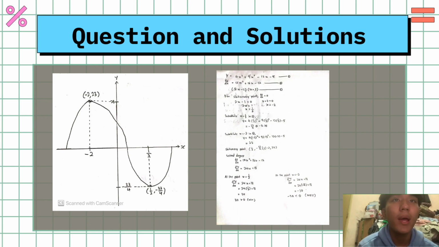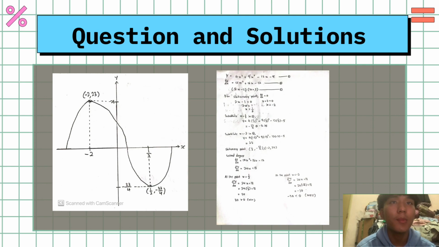So we get y equals 4(1/2)^3 plus 9(1/2)^2 minus 12(1/2) minus 5. So the answer, just calculate in the calculator, we get negative 33/4 or negative 8.25.